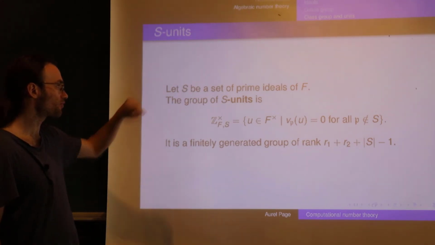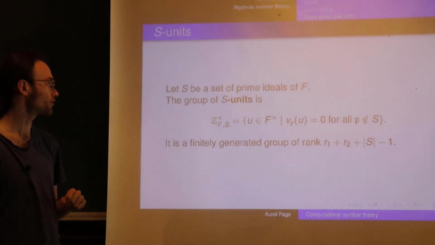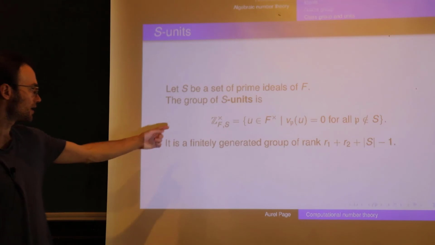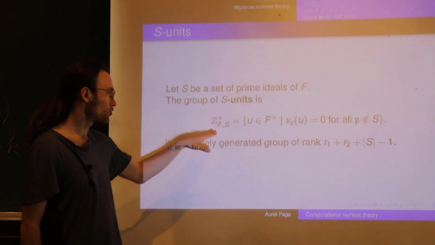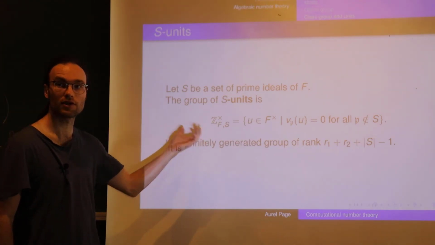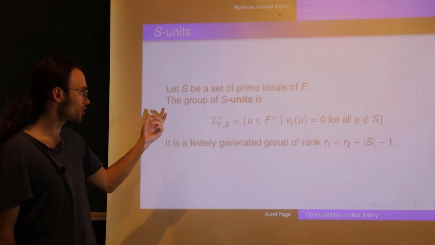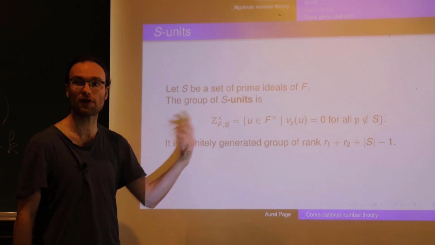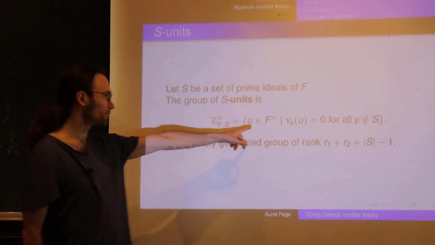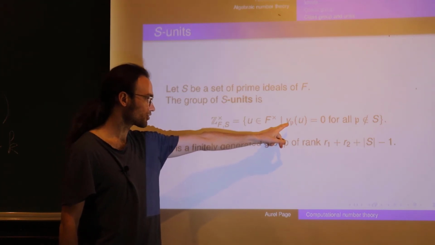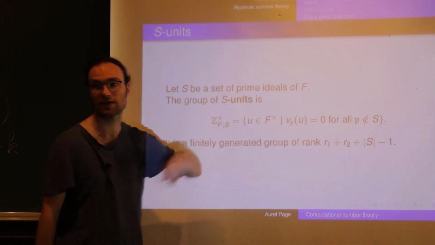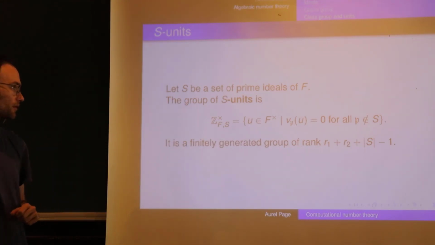You take a set S of prime ideals of your field, and then the group of S-units is by definition the elements that generate an ideal in which only the primes in S appear in the factorization. Another way to say it is the elements such that the valuation is 0 for all P that is not in S.